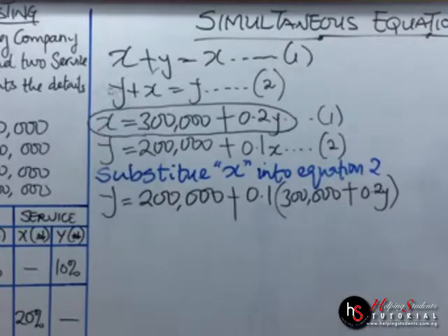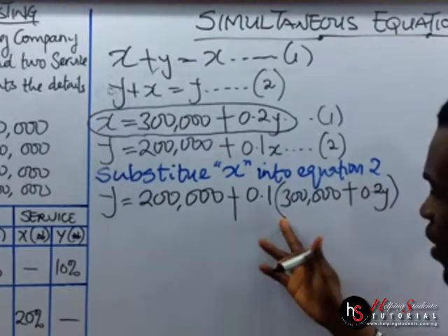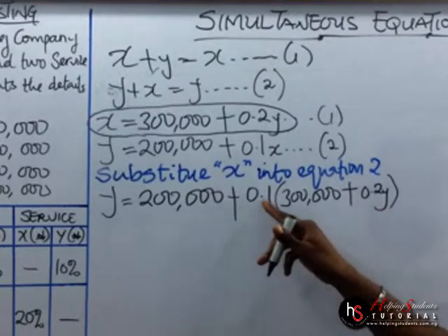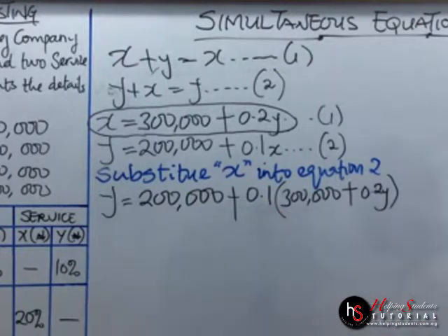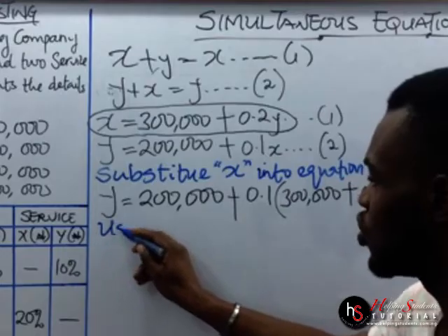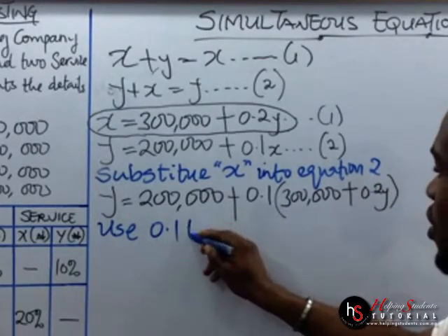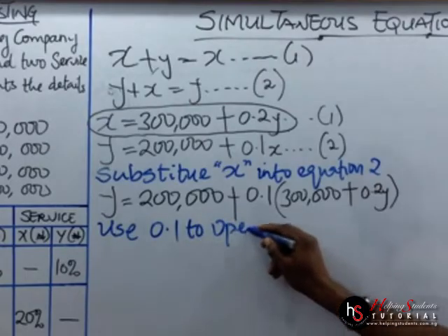Now, once you are done with this, the next thing we'll do is to open this bracket. In order to open the bracket, we are going to multiply with 0.1. Use 0.1, which is what we have here, to open the brackets.